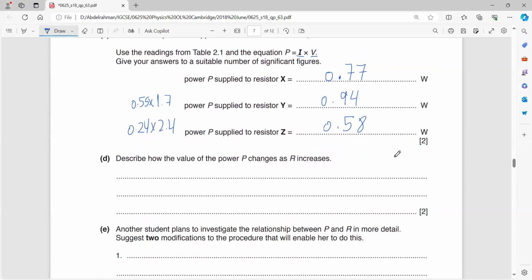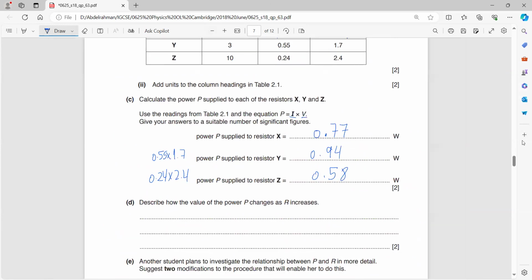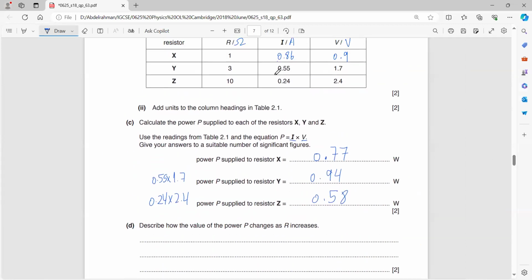Describe how the value of the power changes as R increases. When the resistance increases, what happens to the power? When the resistance was 1, the power was 0.77.